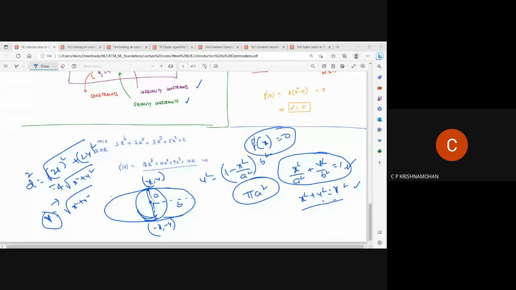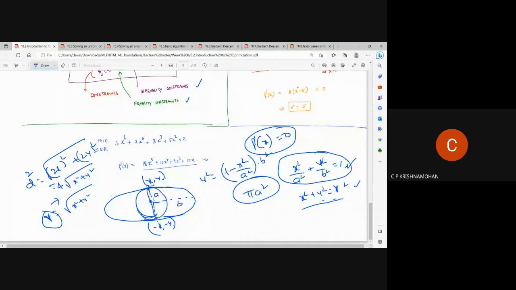The constraint is that the radius r cannot be greater than a. That's why I said that by looking at it, we can say that the maximum area can be pi a square.